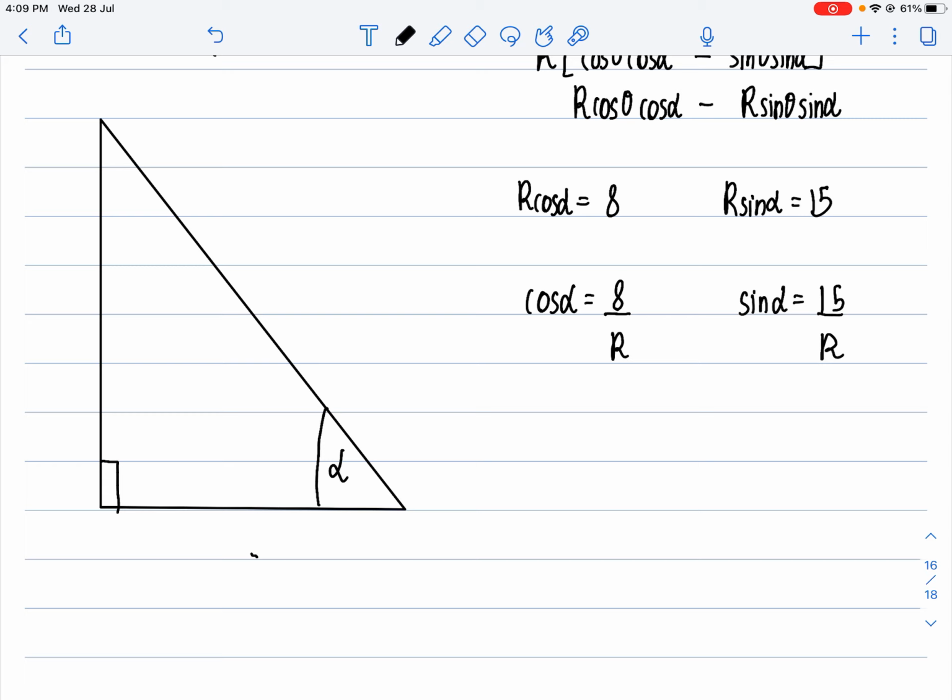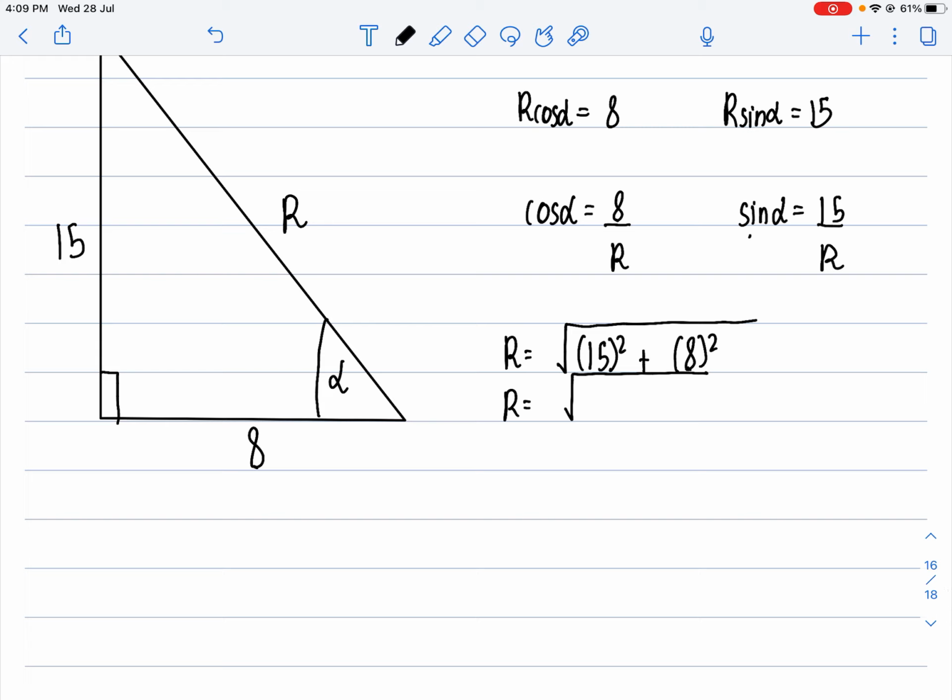So the adjacent is 8, the hypotenuse is r, and sine is opposite over hypotenuse, so I get my opposite as 15. So I get my r equal to the square root of 15 squared plus 8 squared, which I can simply do on the calculator.